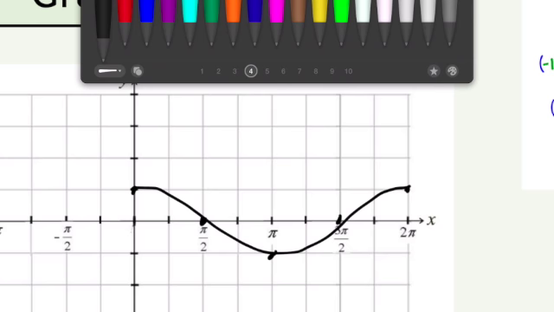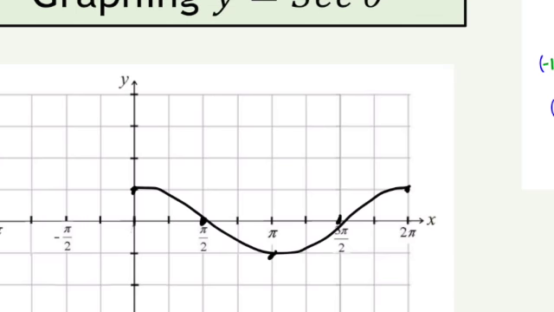Wherever the graph is 0 or hits the x-axis, we're going to draw an asymptote through that, right? And we know that we're going to have an asymptote there because whenever you flip 0, it becomes undefined.